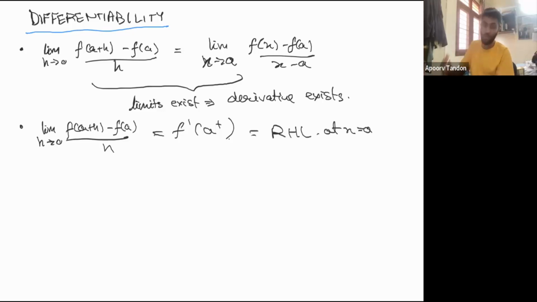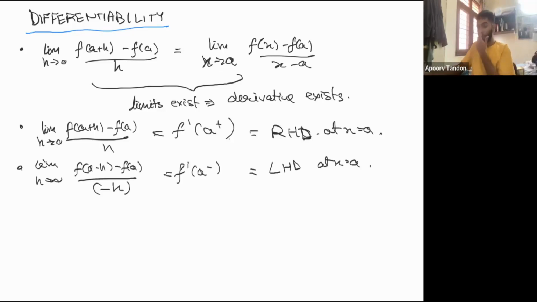That is the derivative for points that are just to the right of but not equal to a, points that belong to the right neighborhood of a. And similarly, we're going to define the left-hand derivative of f of x at x equals a. And now we're going to say that for the derivative to exist, the left-hand derivative must be equal to the right-hand derivative. And this will be the condition that we're going to use from here on for the existence of the derivative, right?